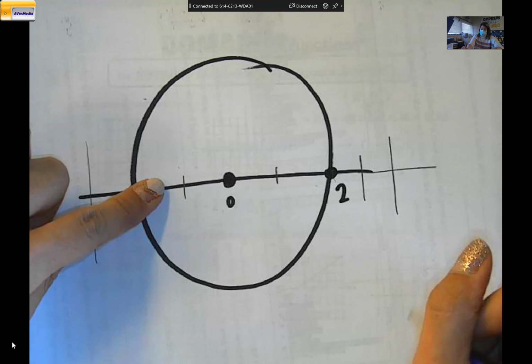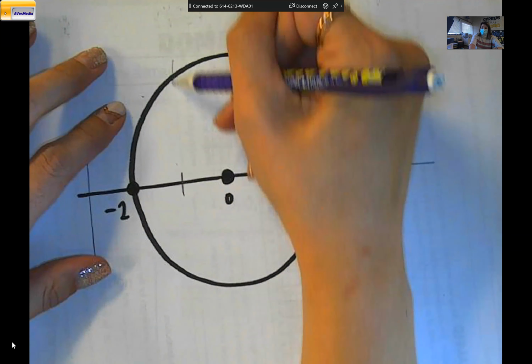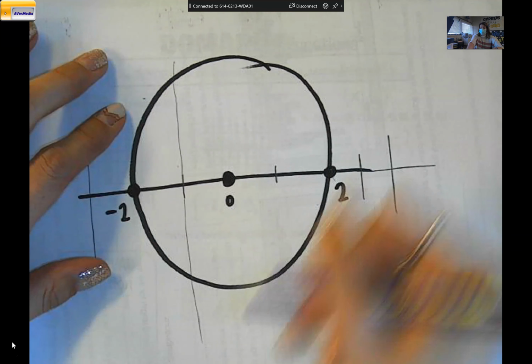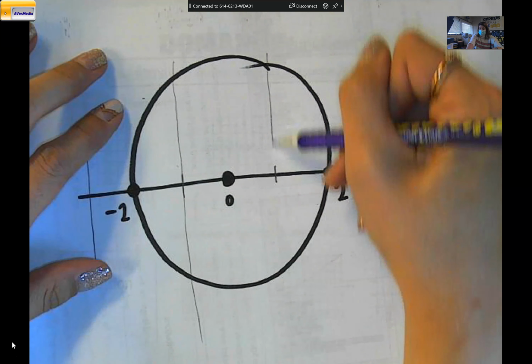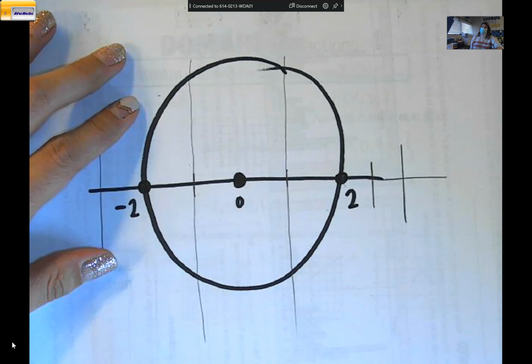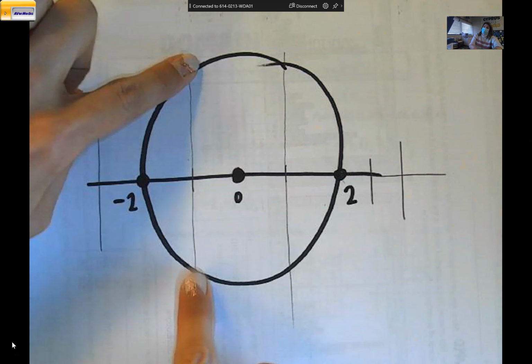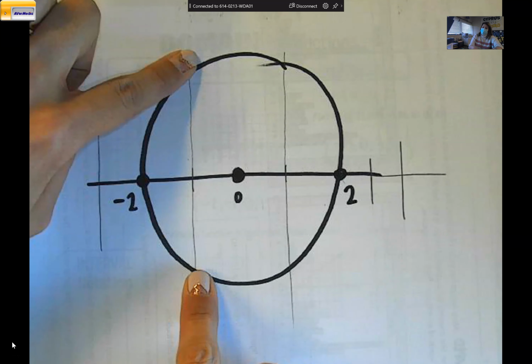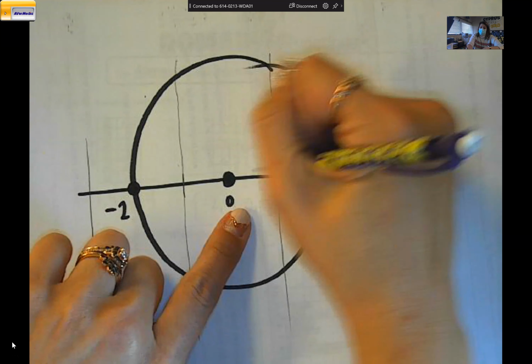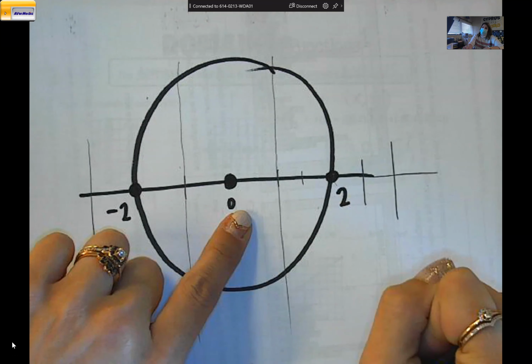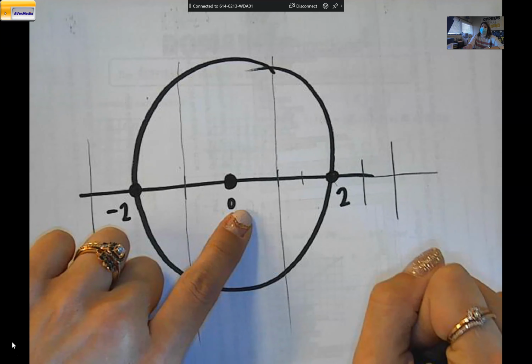-1? Yes. And if you're wondering, the reason that it can be is because these points are inside of that circle. So they match up with these on the circle. Okay, well, can it be 1.5? Yes. Is it in the circle?